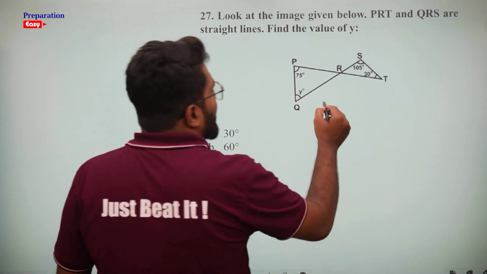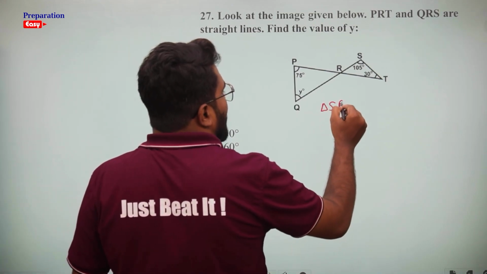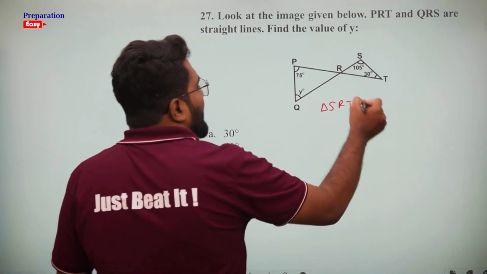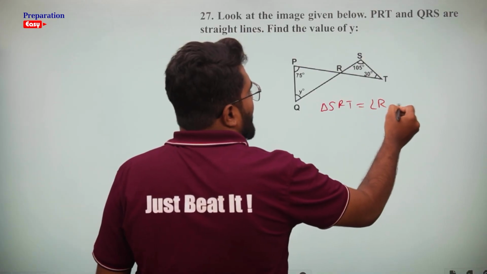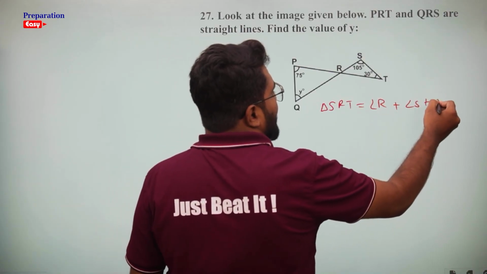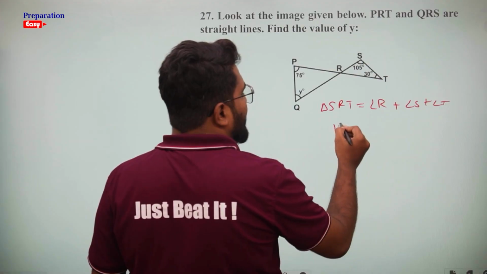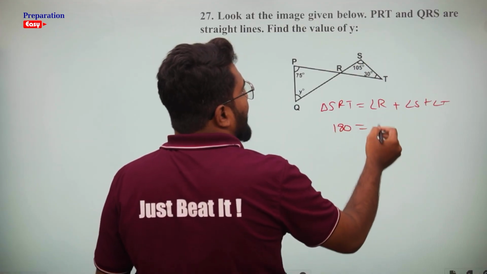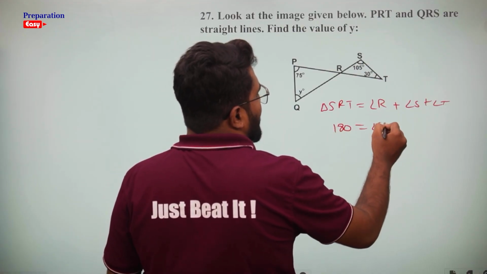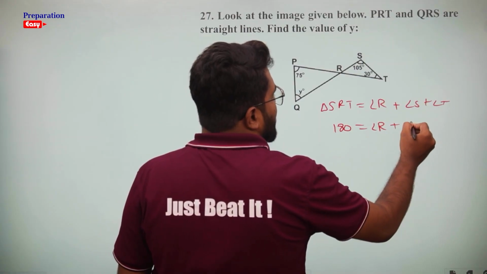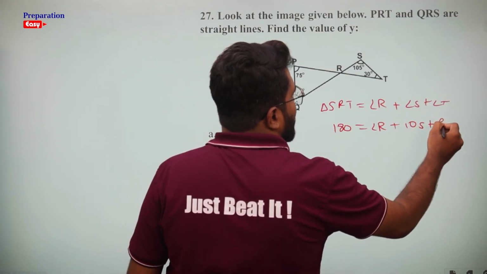Now in triangle SRT, angle R plus angle S plus angle T will become 180. So angle R we don't know, then angle S is 105 and angle T is 30.